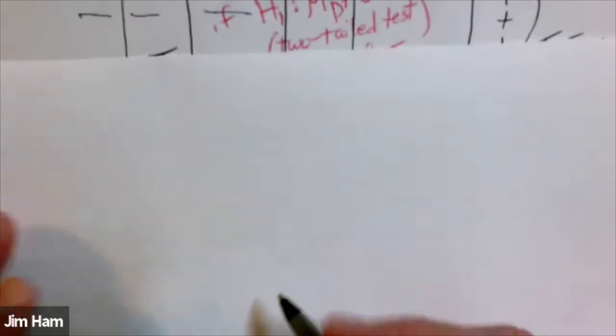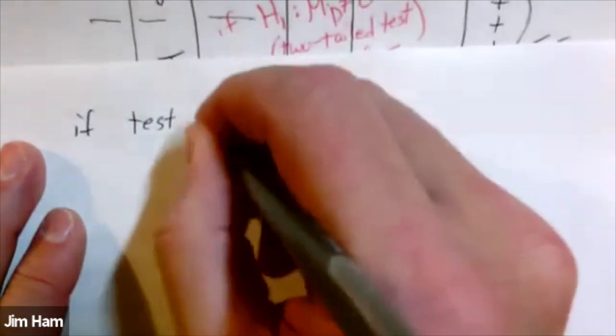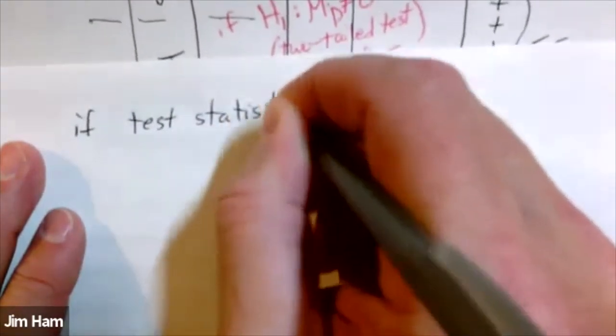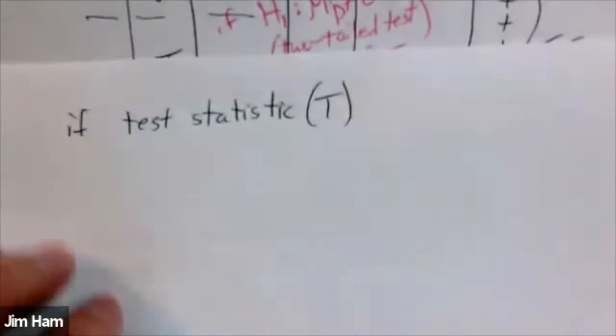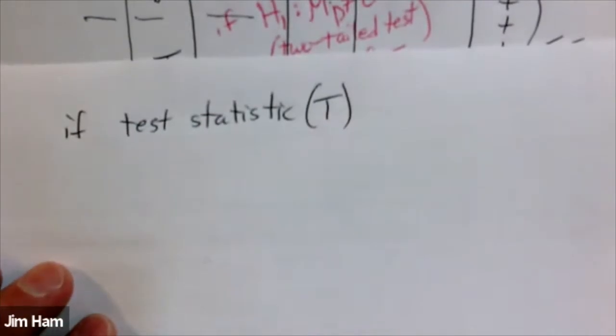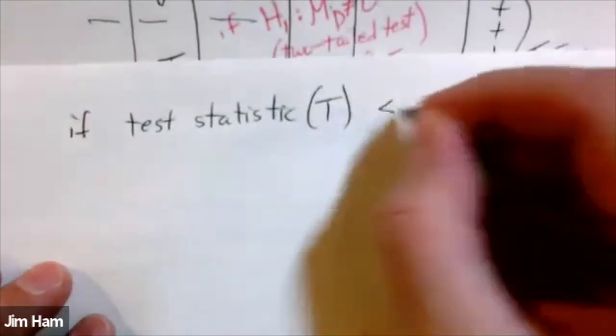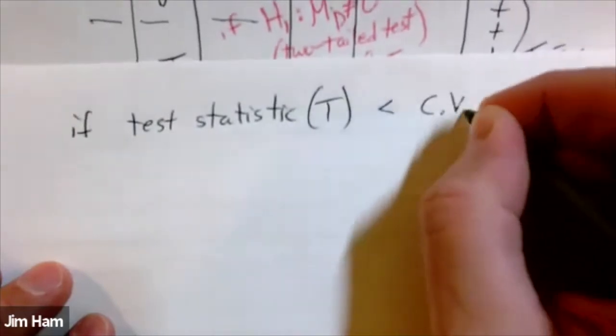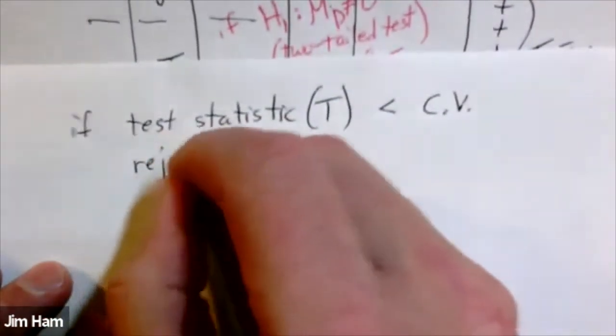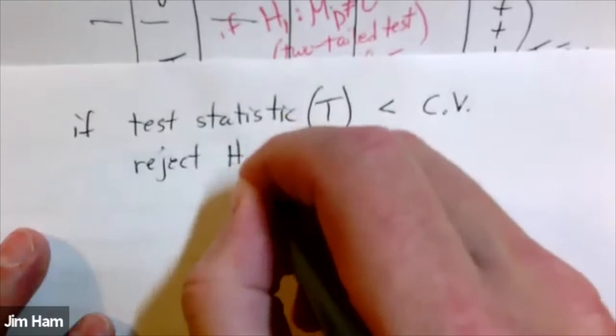So that's the test statistic, and there is no p-value approach to this one. There's one way to determine whether you reject the null hypothesis, and it uses the critical value. So here it is. If the test statistic, which we know to be T, is less than the critical value, then we reject the null hypothesis.